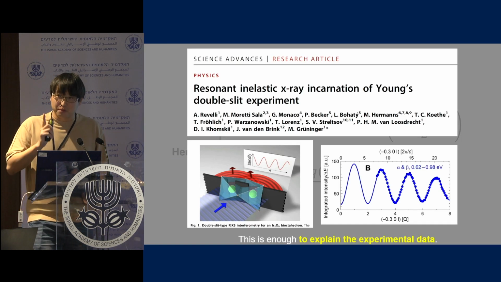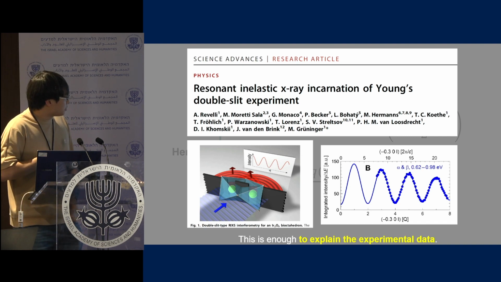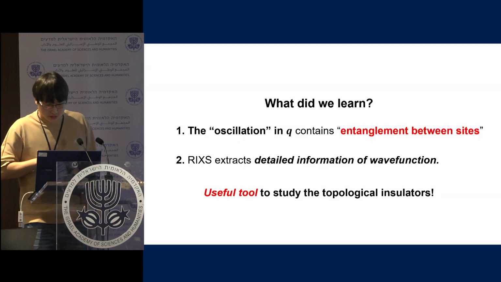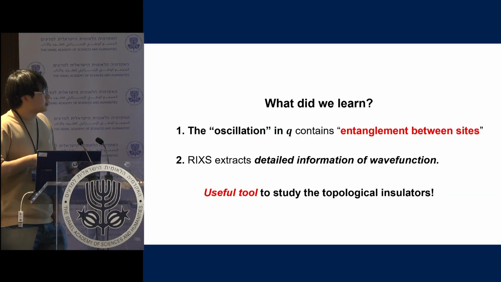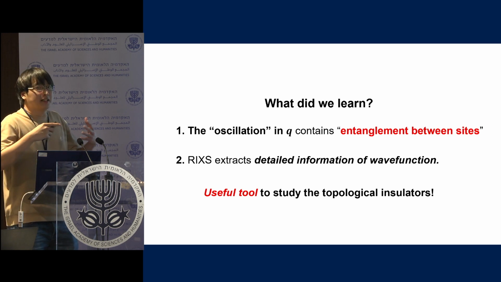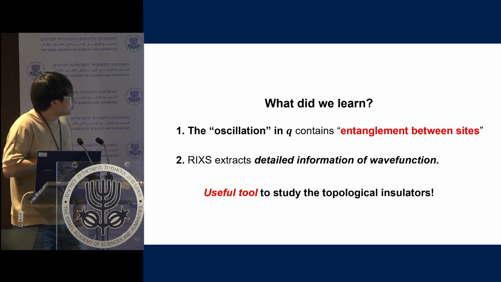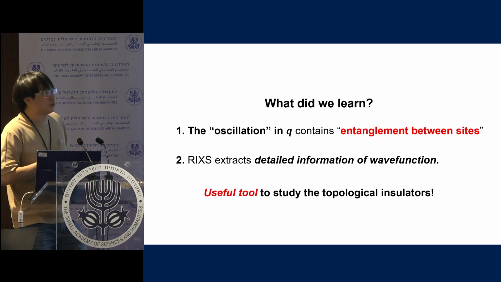First of all, this simple picture is enough to explain the experimental data done for the dimer. They plotted intensity versus q, which oscillates sinusoidally. More than that, from the oscillation of the intensity we can see a kind of entanglement between the sites where the electrons are living, or one can say that RIXS can extract detailed information about the wave functions.